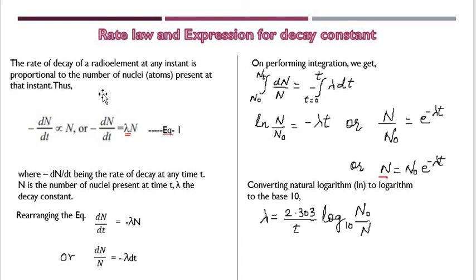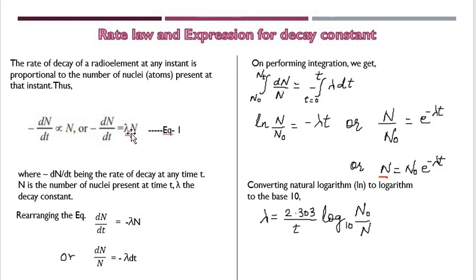So I can say here that minus dN upon dt, which is the rate of decay, is directly proportional to the number of nuclei present. The rate is more if the number of nuclei is more, or I can say minus dN upon dt is equal to lambda multiplied by N.